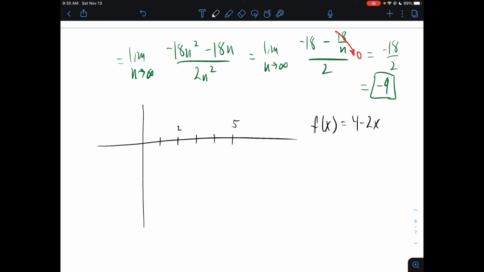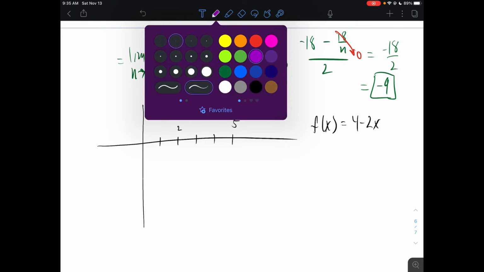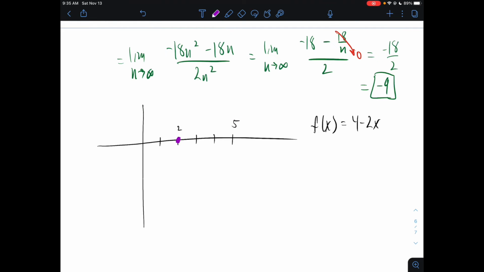All right, so where's the function at x equal 2? Well, that would be 4 minus 4, which is 0. And where is the function at x equal 5? That's at 4 minus 2 times 5, so 4 minus 10, that's at negative 6. And this is just a line, so I only need those 2 points. And so I get this line.